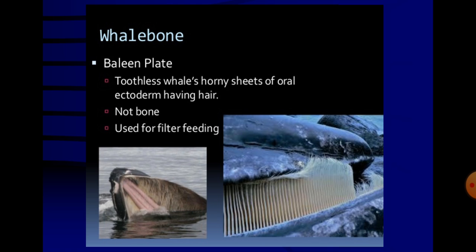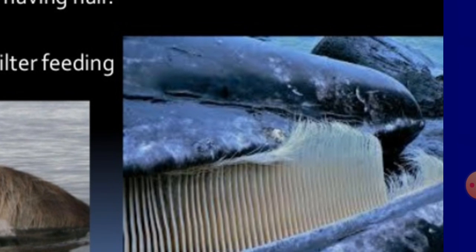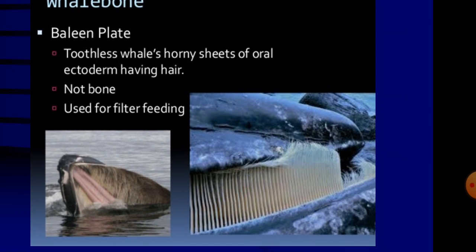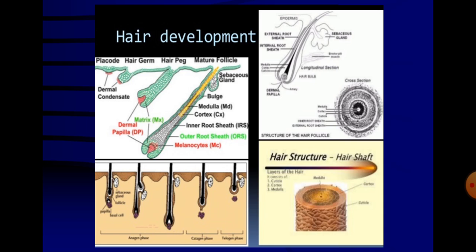The comb like structure here you can see in the whale's mouth, this is actually working as the filter feeder. It is not a bone, but it seems like a comb like structure. These are actually the ectodermal hair, and thus these are used for filter feeding.